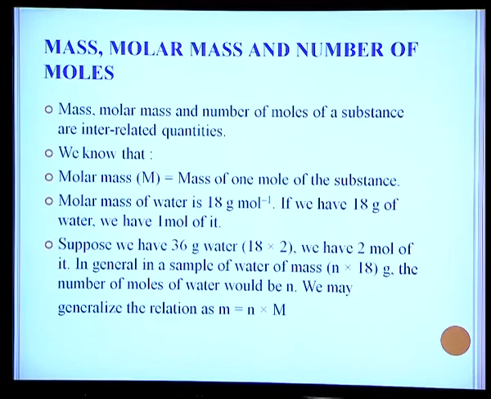Suppose we have 36 gram of water, that is 18 into 2, we have 2 moles of it. In general, in a sample of water of mass n into 18 gram, the number of moles of water would be n. From this relationship, you will find m is equal to n into M.